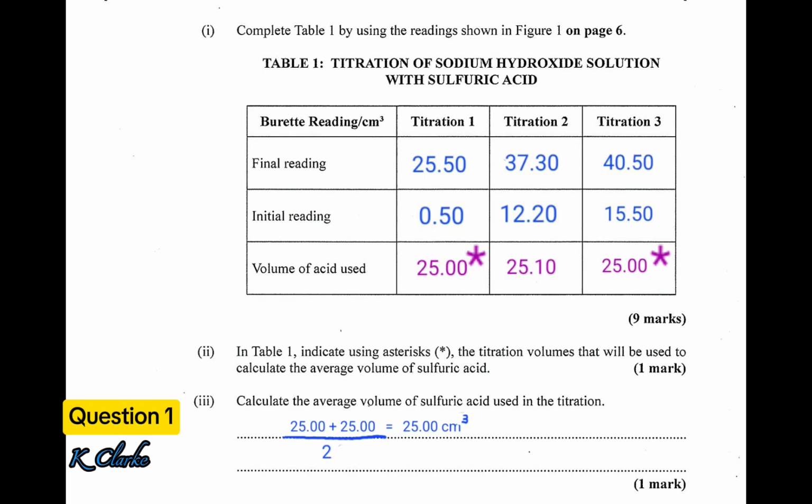Calculate the average volume of sulfuric acid used in the titration. To calculate the average volume, we will be adding the volume of acid used in titration 1 and 3, after which we are going to divide it by 2. The average volume of sulfuric acid equals 25.00 cm cube.